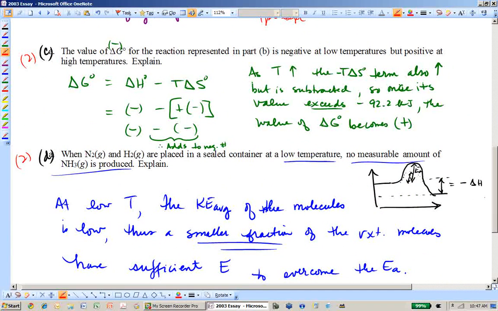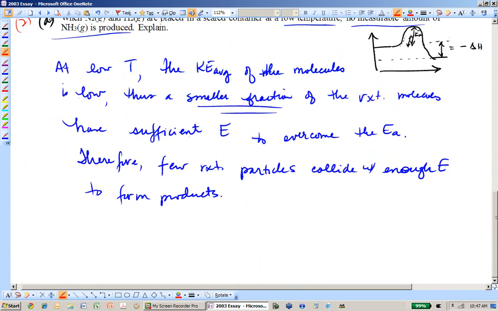For this one, you got 1 point for using this relationship. So use the granddaddy equation somehow, and 1 point if you actually made sense of the math and wrote a sentence that explained it.